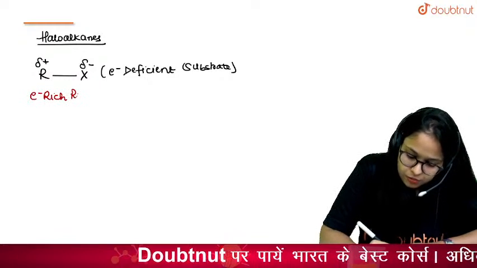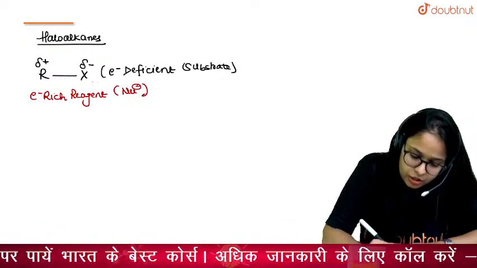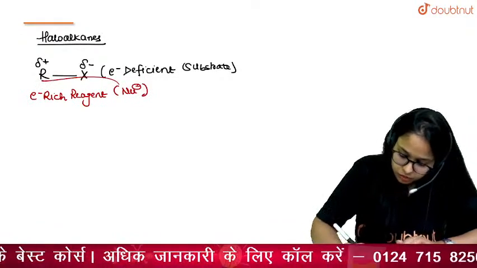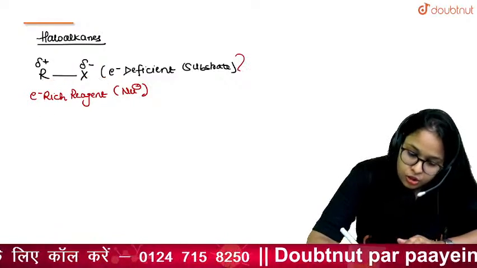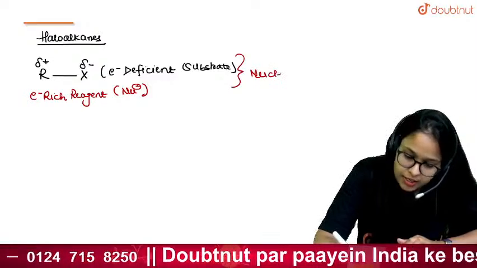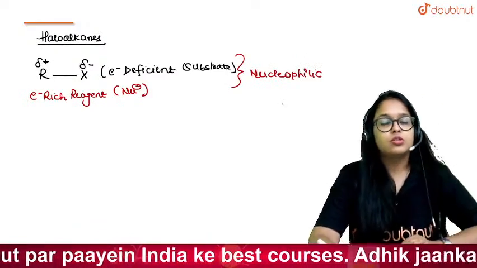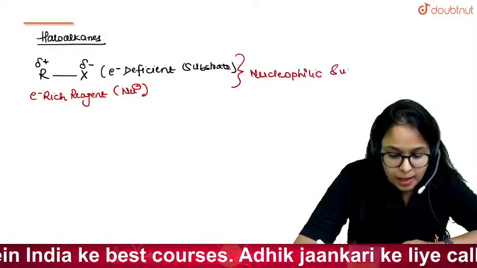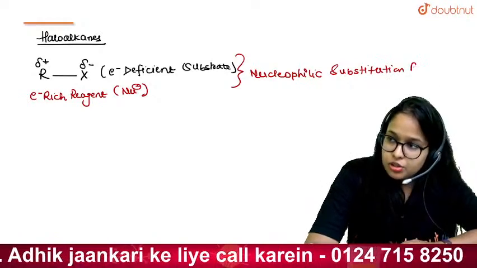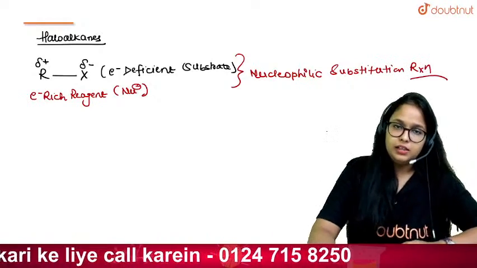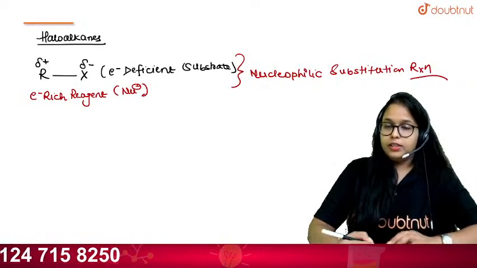Electron rich reagent is known as a nucleophile, and whenever a nucleophile is used in a chemical reaction, they show nucleophilic reaction. In haloalkanes, the nucleophilic reaction commonly seen is nucleophilic substitution reaction, right?